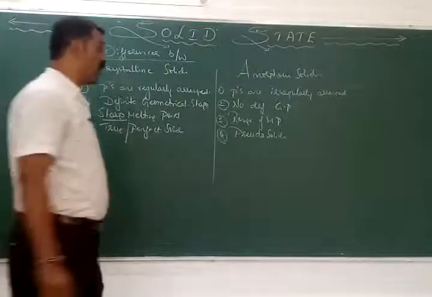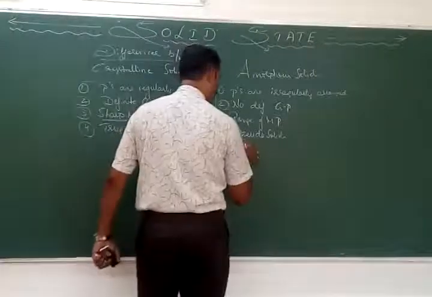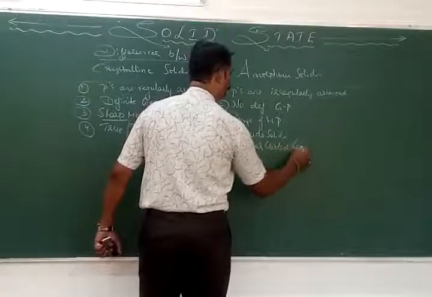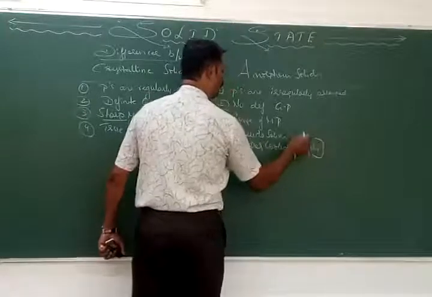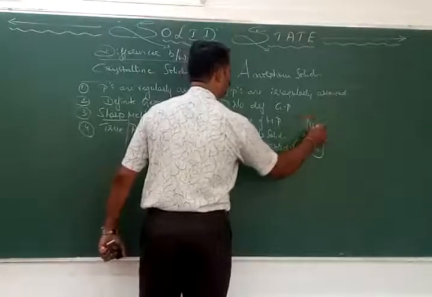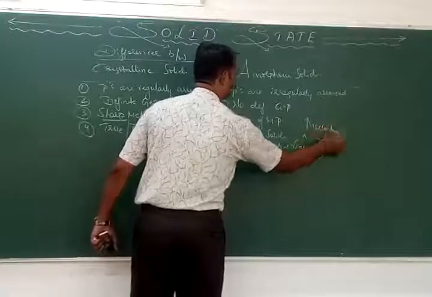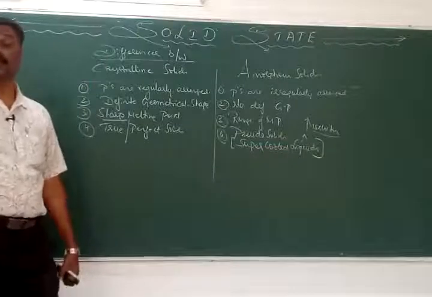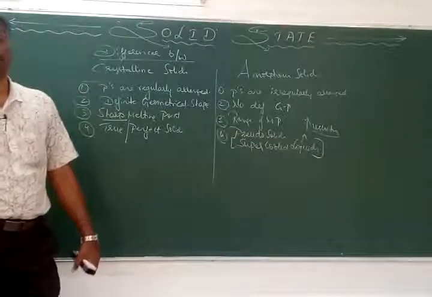perfect solids. They are the pseudo solids. They can also be considered supercooled liquids with higher viscosity. The measurement of the thickness of a fluid or liquid is the viscosity.